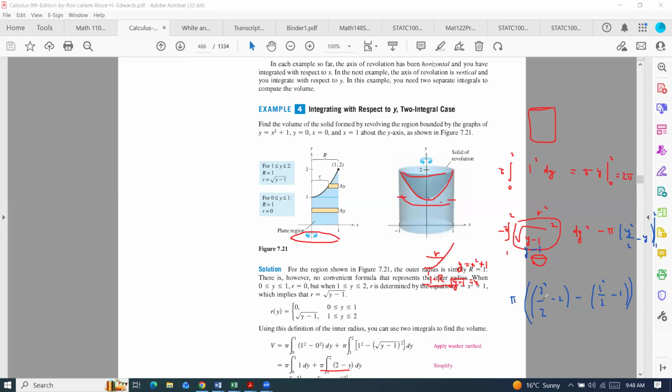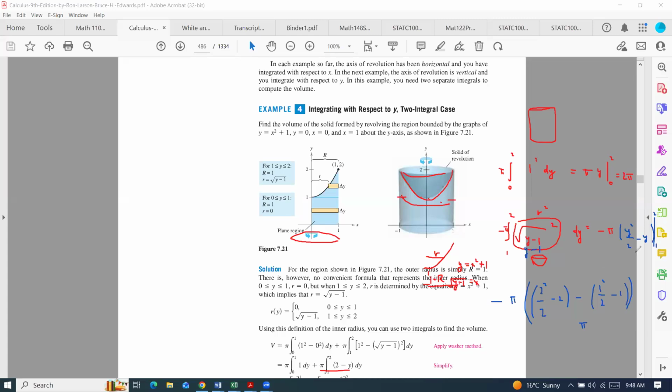Well, it's 4 over 2 minus 2, which is 0. And then we need to subtract, and that's 1/2, and negative and negative is positive. So it'd be pi over 2.